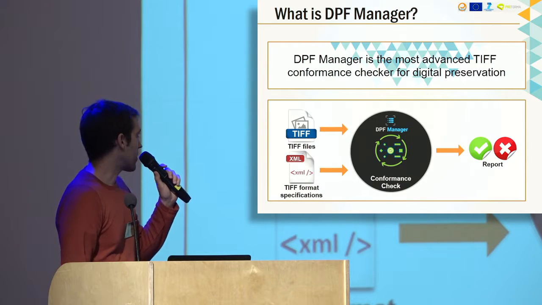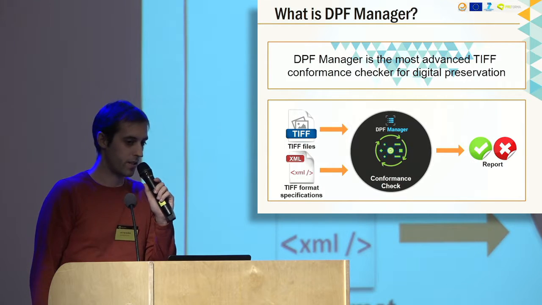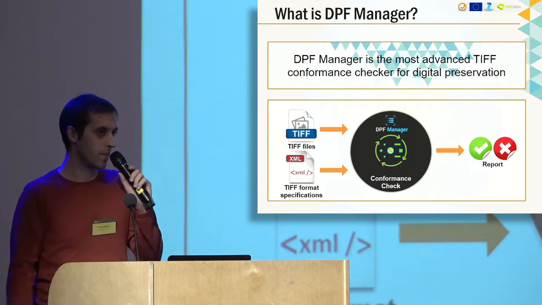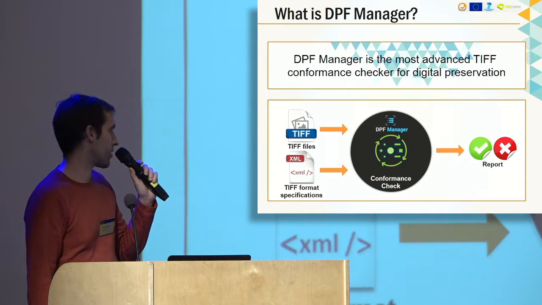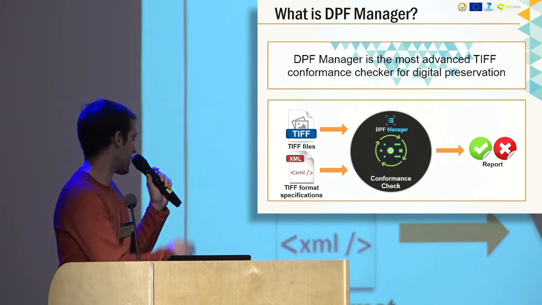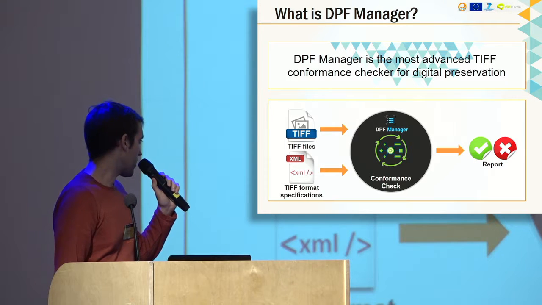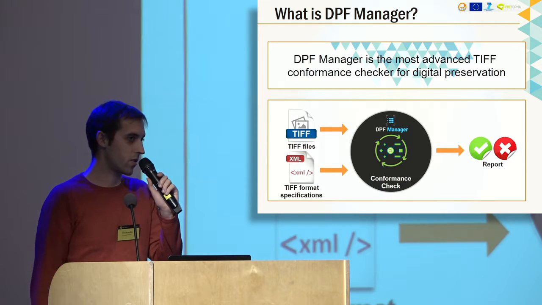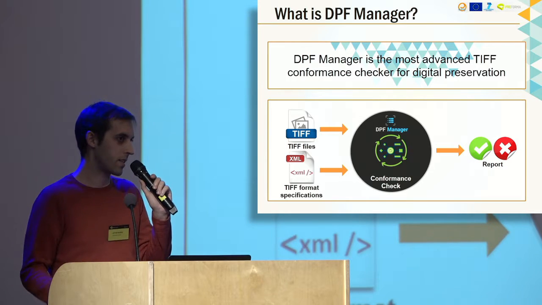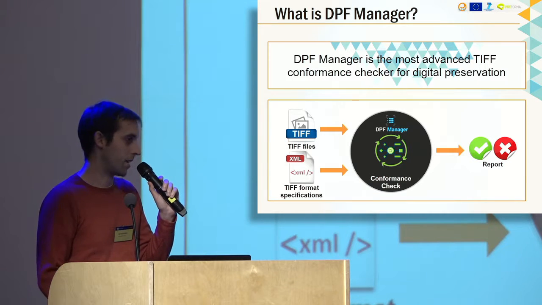Now I am focusing on the DPF Manager tool, that is a conformance checker for TIFF images for digital preservation. So it is an application that receives as input a set of TIFF files and also specifications of TIFF. These specifications can be the standard specifications created by Adobe.